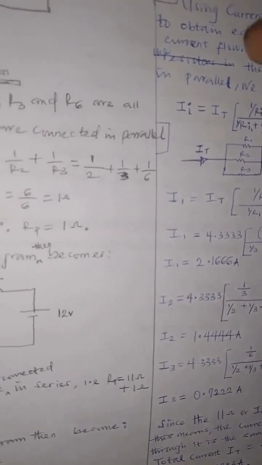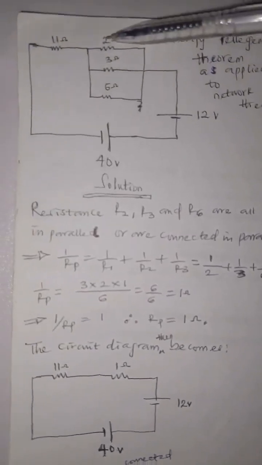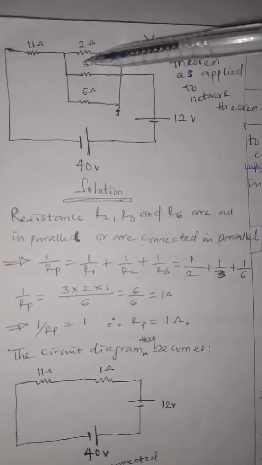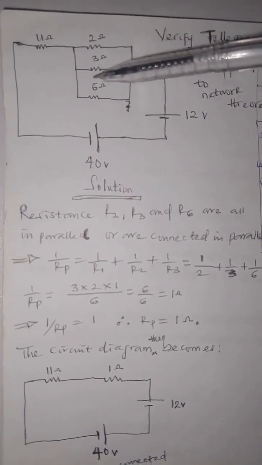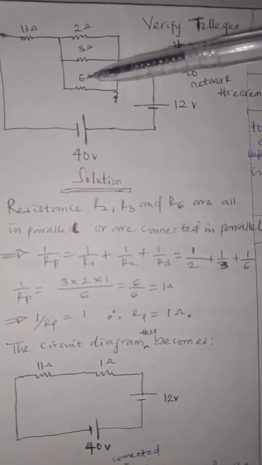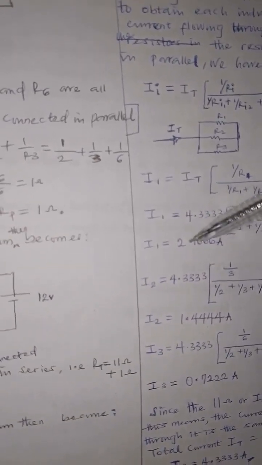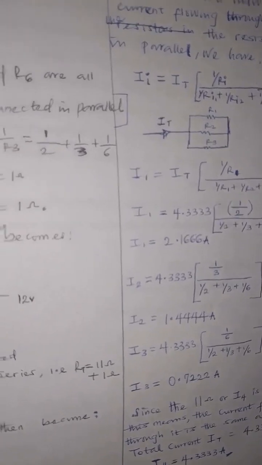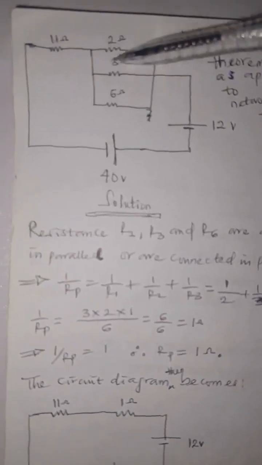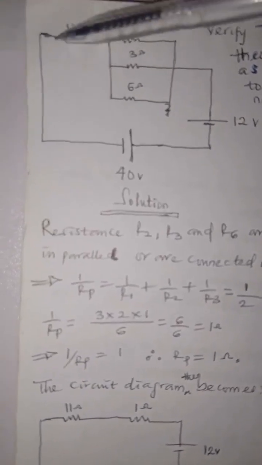You can notice that where the resistance is small, the current flowing through is bigger. Do you now see that the current flowing through the 6 ohm is 0.722, while this one has a bigger current? That is why this one will be I1. So this one has the lowest resistance.